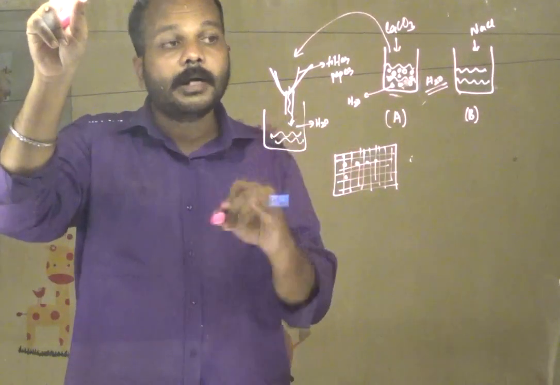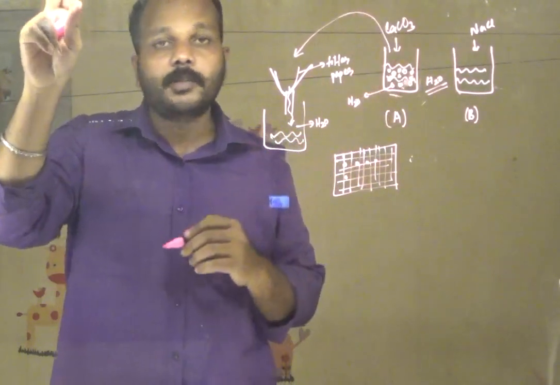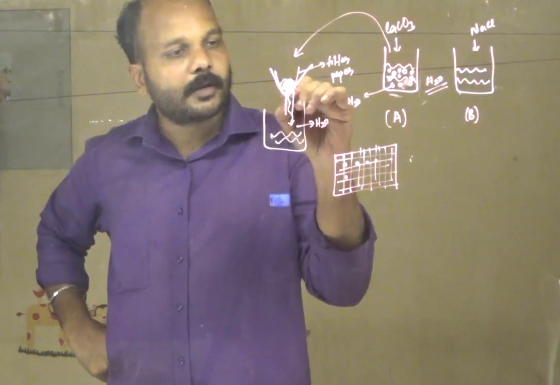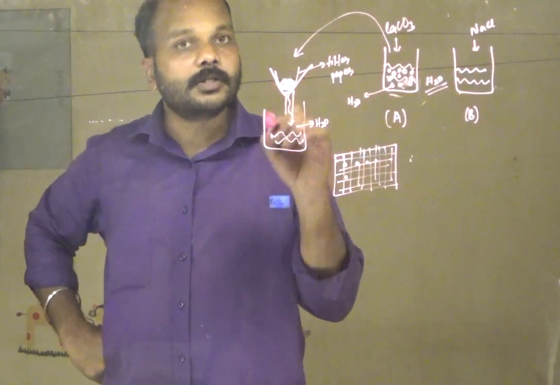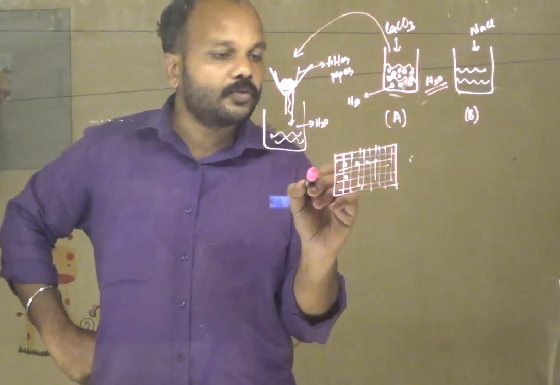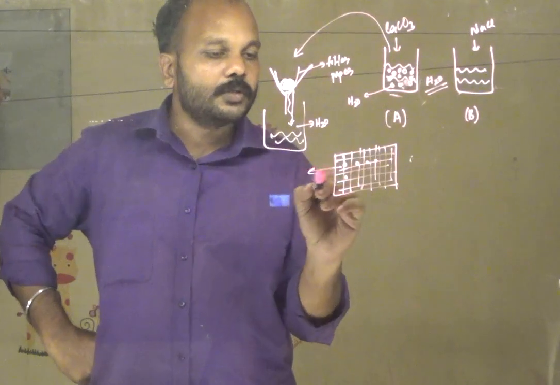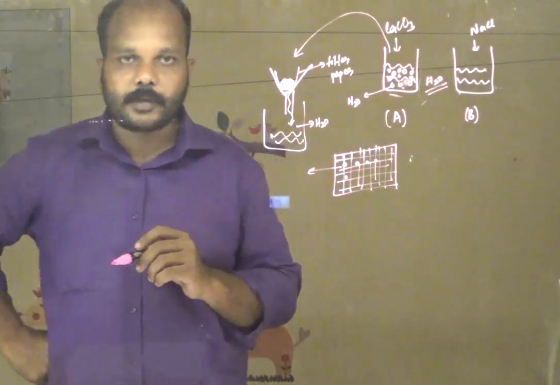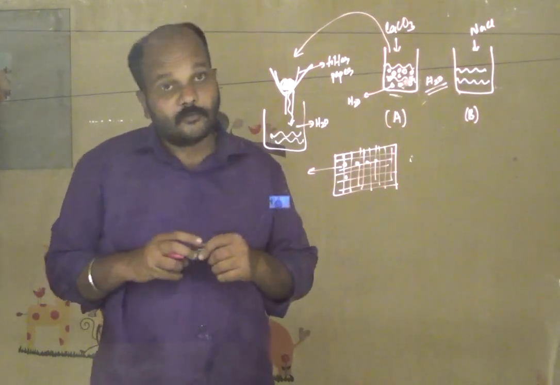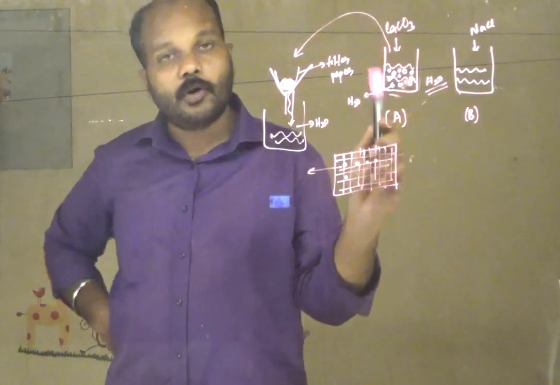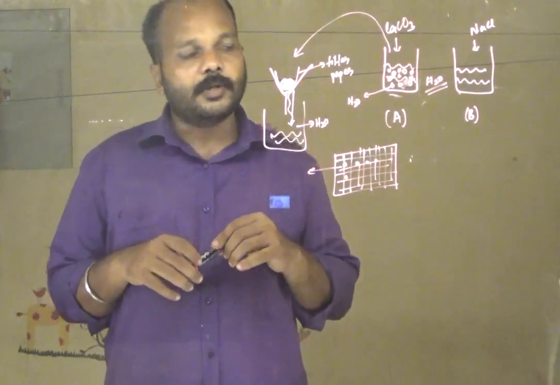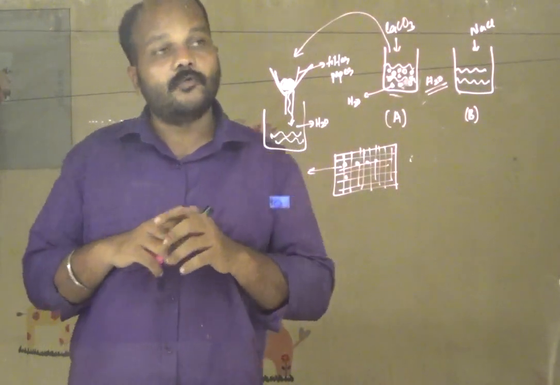But this calcium carbonate, being bulky particles, will remain here on the filter paper because it cannot pass through the pores. So if the solute is not much soluble in a solvent, one way we can separate out the particles is through filtration.